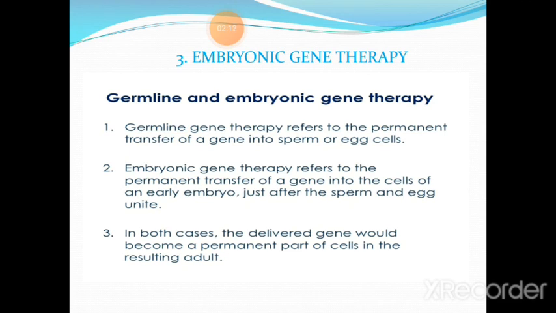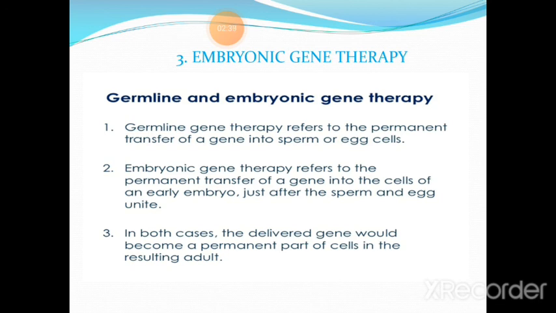Then there is one more approach called embryonic gene therapy. Here, the permanent transfer of a gene into the cells of an early embryo just after the sperm and egg unite is done. So, the moment the zygote is formed, the bad genes are replaced by good genes.